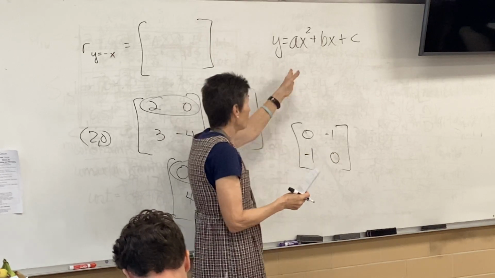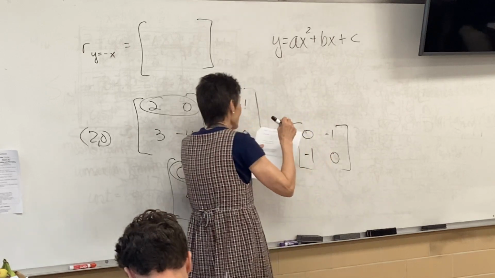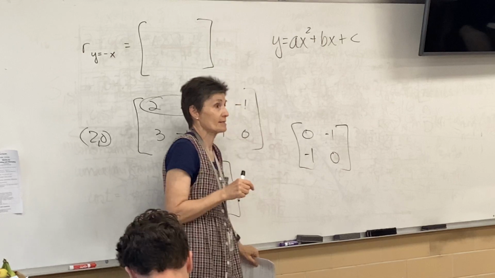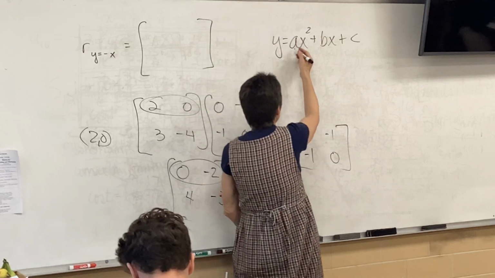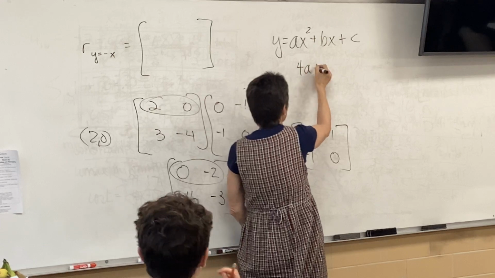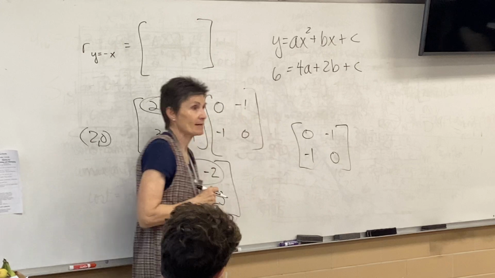Now, I got some parabola out there, this equation, and the point 2 comma 6 is on it, which means that if x is 2, y is 6. Does that make sense to you?